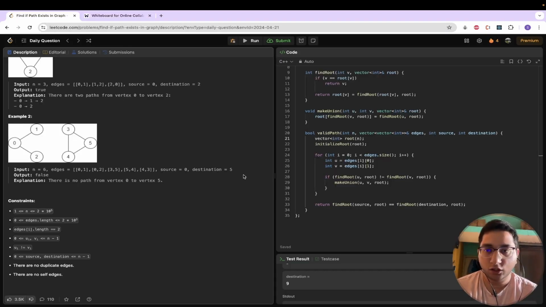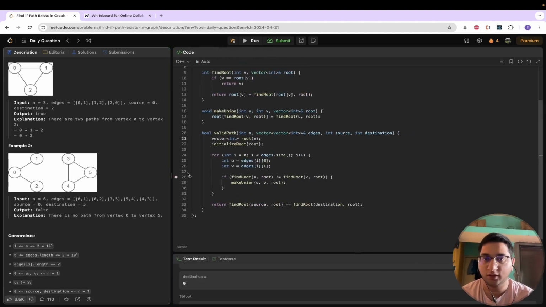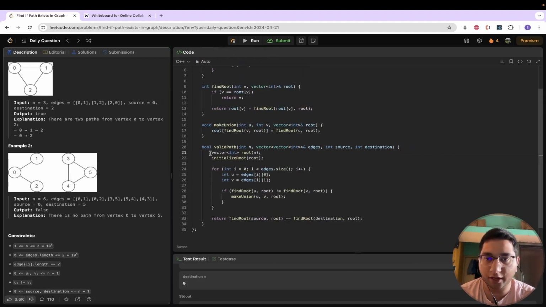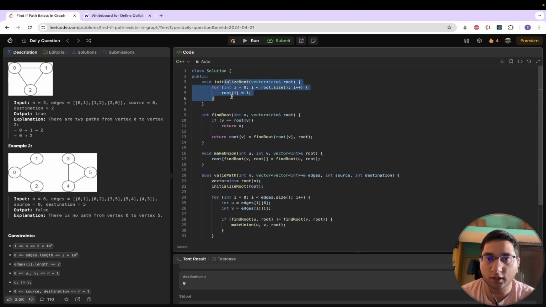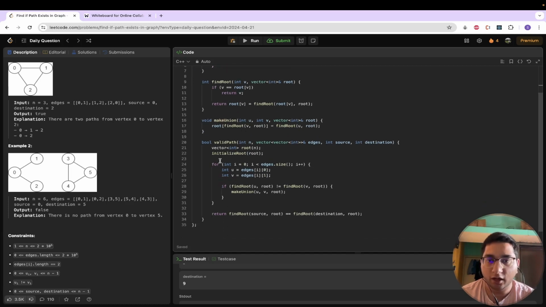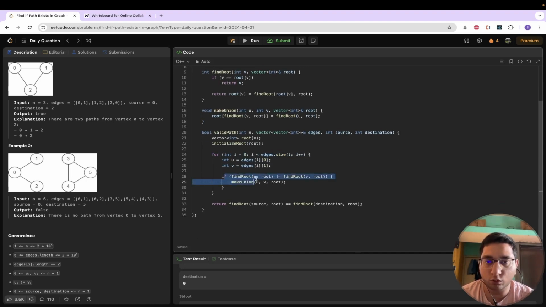So over here in the code I have created one root array. It will be the same size as the number of vertices we have. I have initialized the root of all the vertices by their vertex name only at the initial level, and one by one we will go through each of the edges, and we will check the roots of the two endpoints of the edge, which I have taken as u and v.